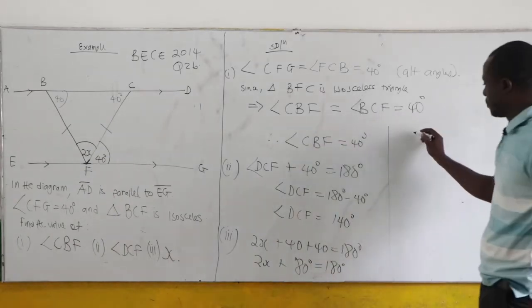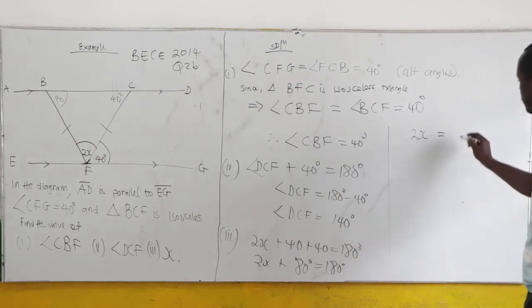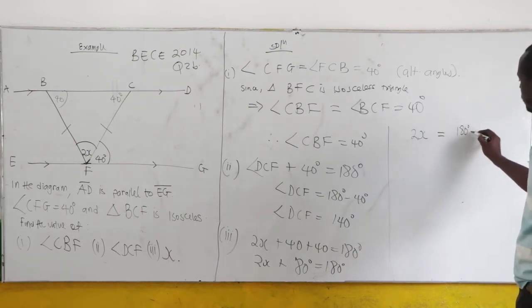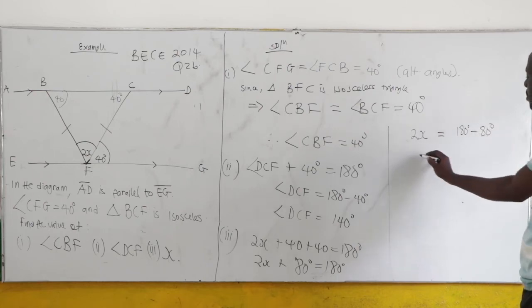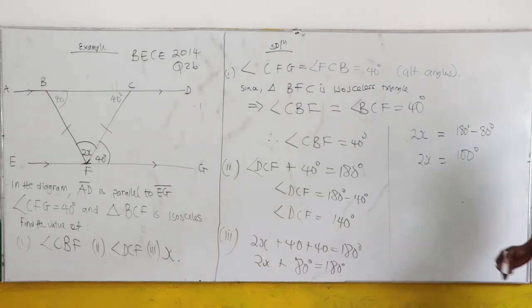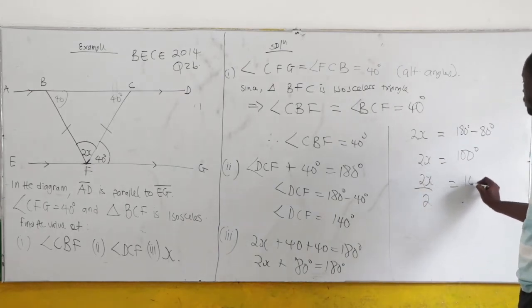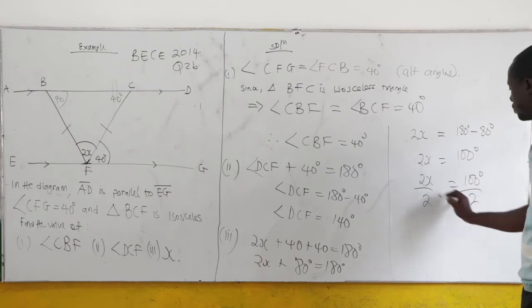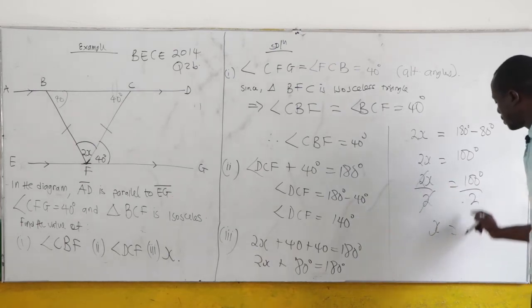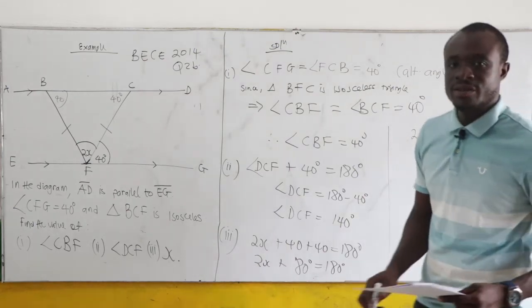So you have 2x equal to 180 degrees minus 80 degrees. So 2x is equal to 100 degrees. We want to find x, so we divide both sides by 2. So 2x over 2 equal to 100 degrees over 2. This is cancelling that. X is 100 divided by 2, this is just 50 degrees. And this is very, very easy and interesting.